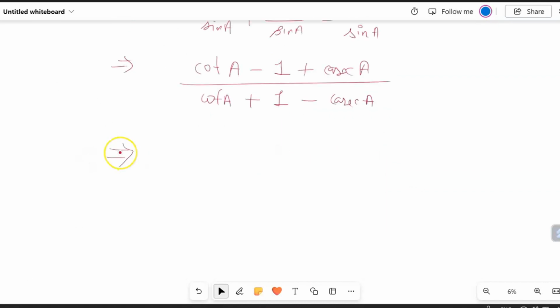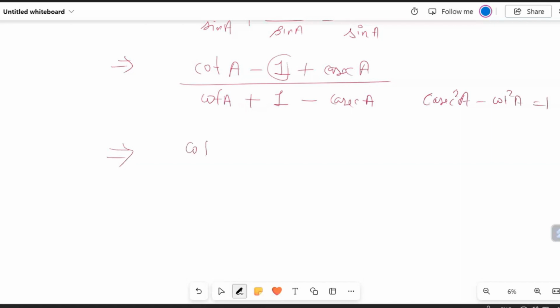what we need to do, we need to put down this 1 as our formula cosec square A minus cot square A is equal to 1.